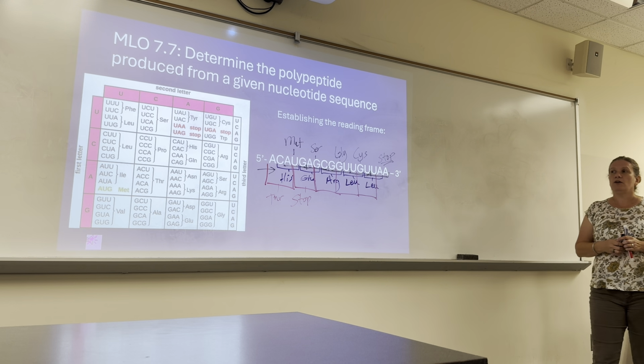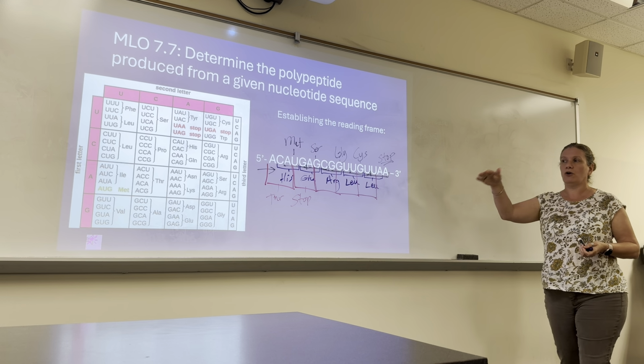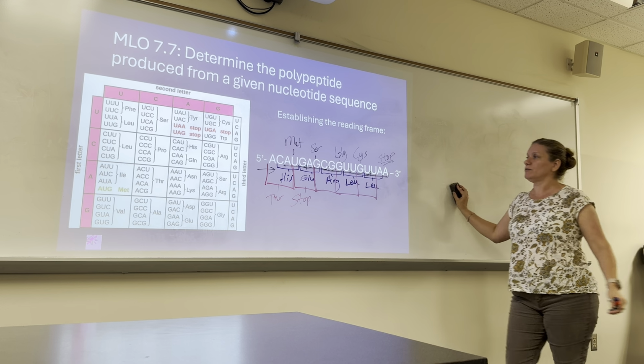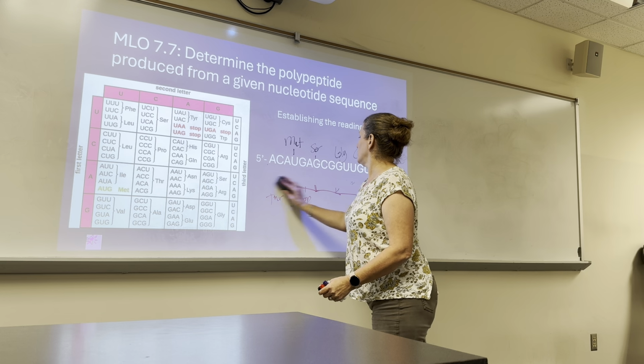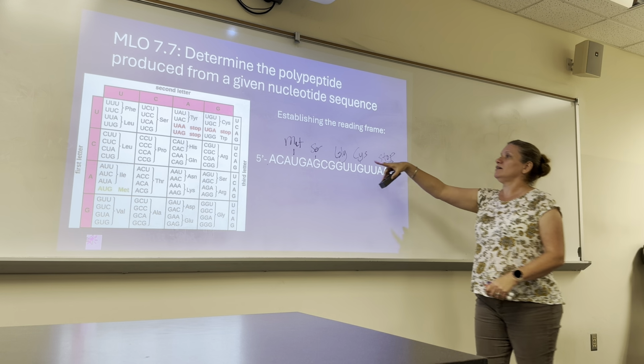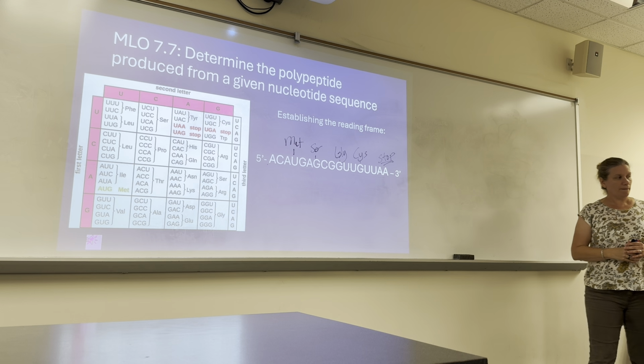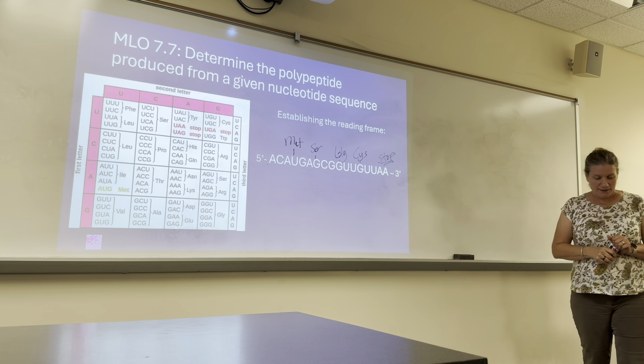So the whole purpose of that start codon, the AUG, is to establish that reading frame. The only answer to this is listed there. So basically we always have to start with the AUG and read from there.